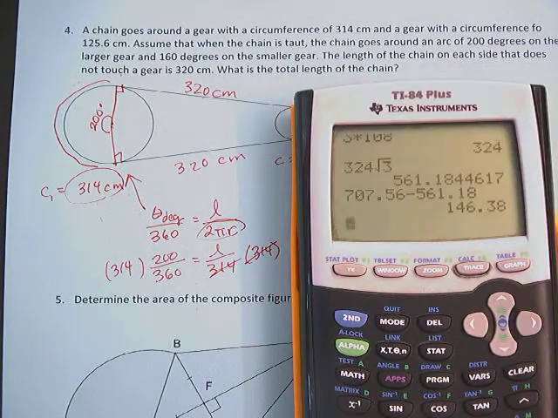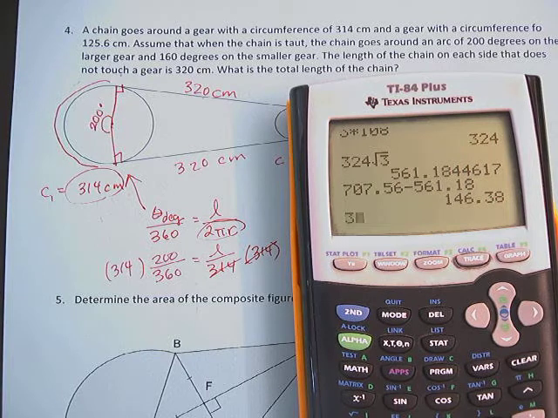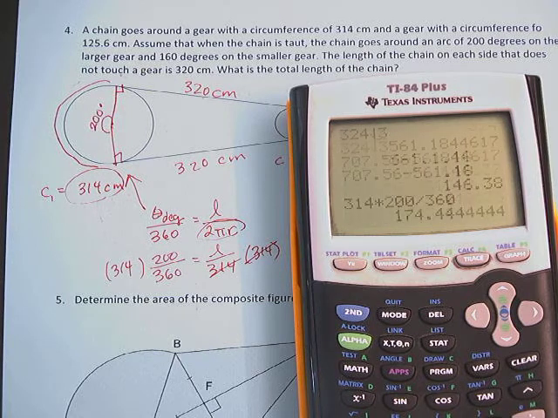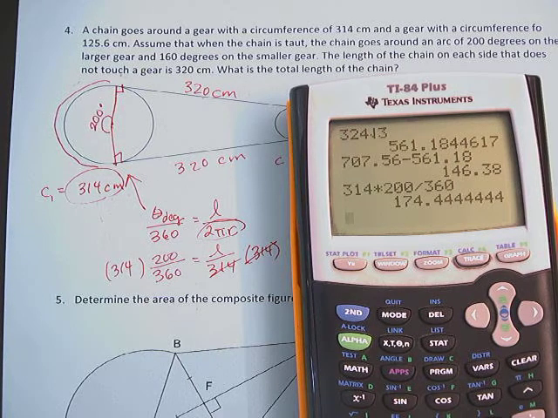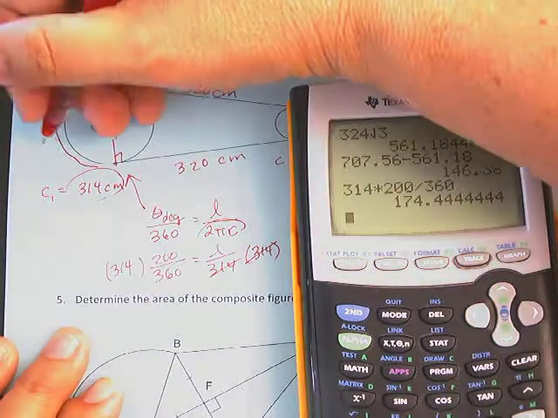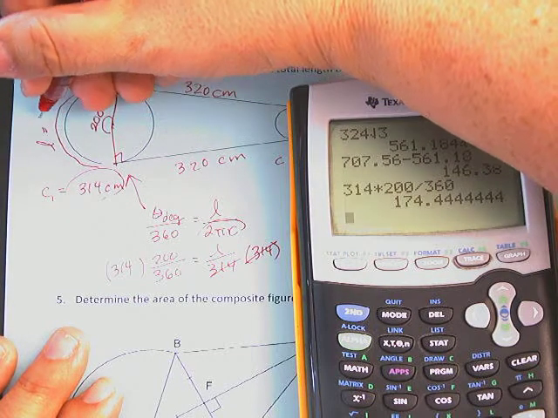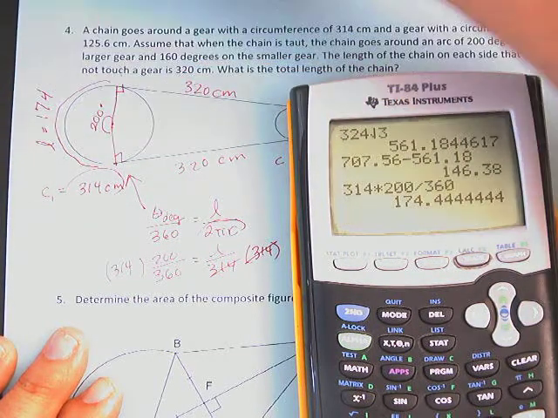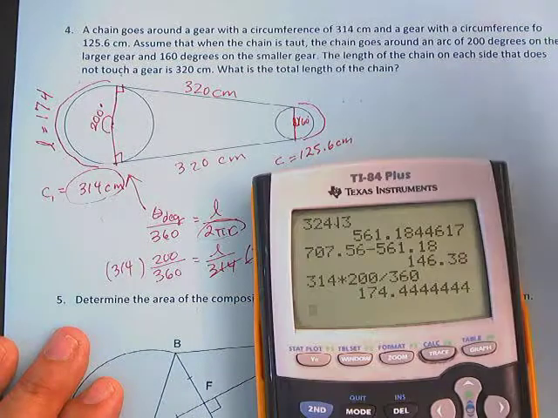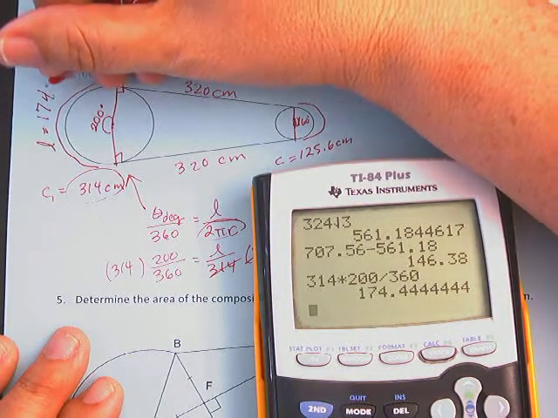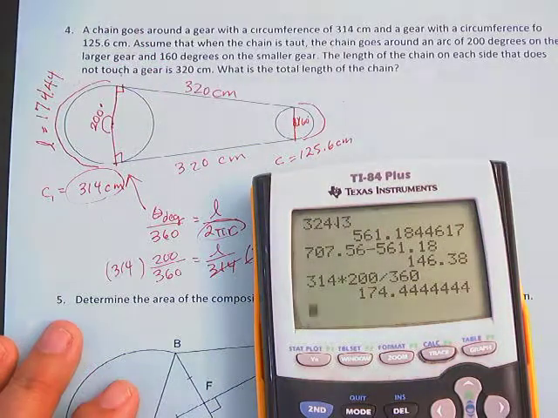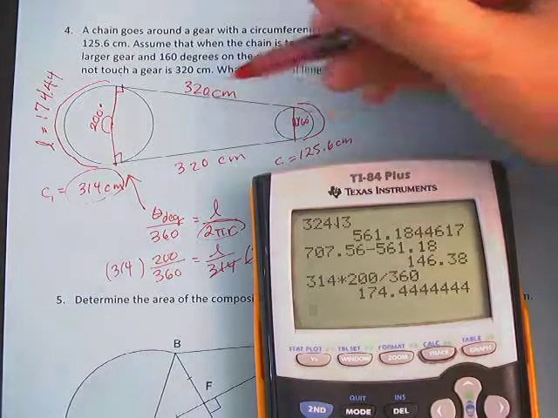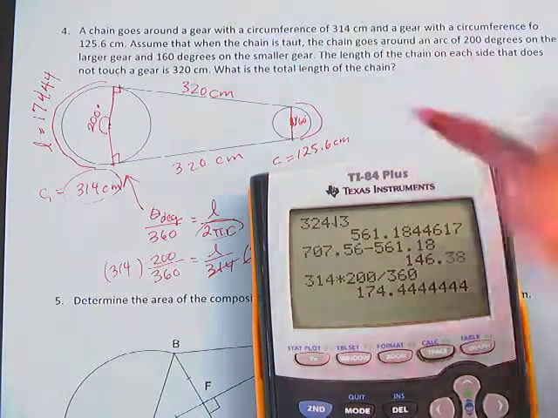Now, if you needed an exact answer like a fraction, what you can do is 314 times 200 divided by 360. And if you needed a decimal, you're done. And for this problem, we just need a decimal. The length is 174. It doesn't say, so I'll go 4 or 5 digits for right now. Since this is to the ones, my answer should be to the ones.